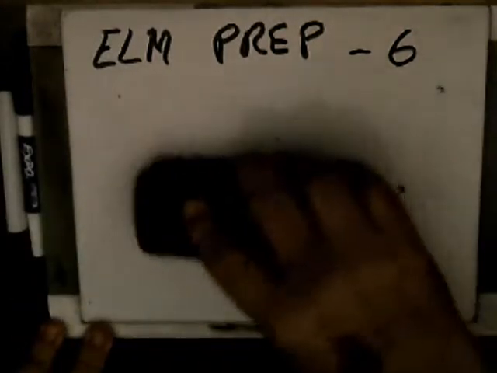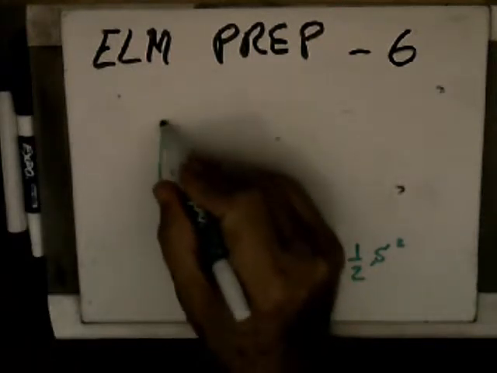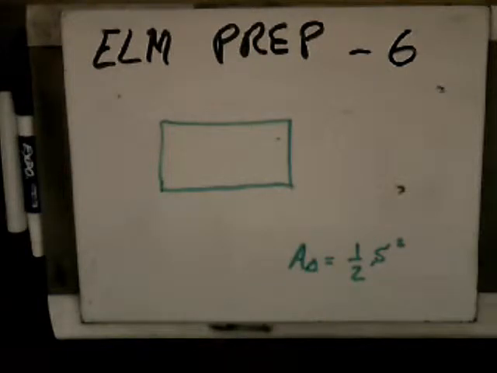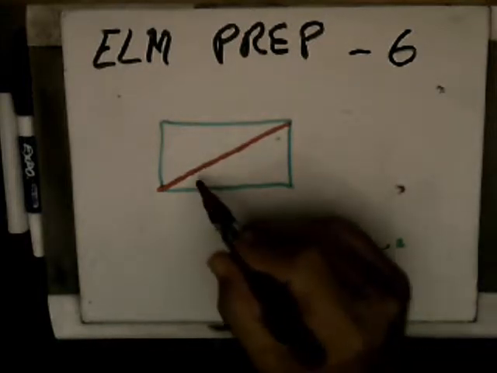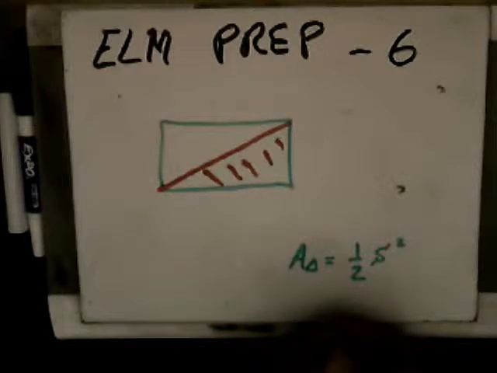That's okay, but what if I don't have a square? What if I have a rectangle? Does that idea still hold true? Let's divide our rectangle in half. Sure enough, my triangle looks to be half of the rectangle, and it is.